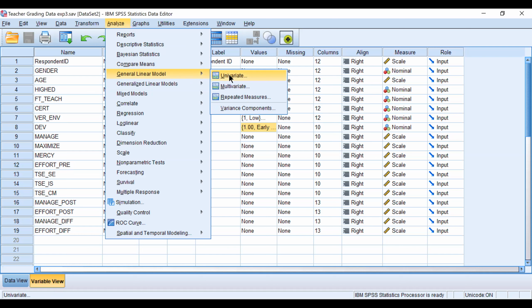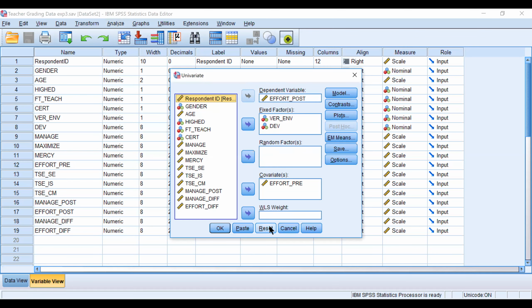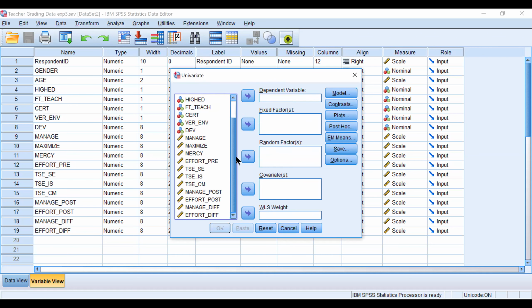So we're going to look at univariate, which means we're predicting one variable, our dependent variable. We are predicting their perceptions about grading based on effort after this. We are using as our fixed factor, which we'll call our independent variable, their environment, the low achieving, high achieving, or no information group.